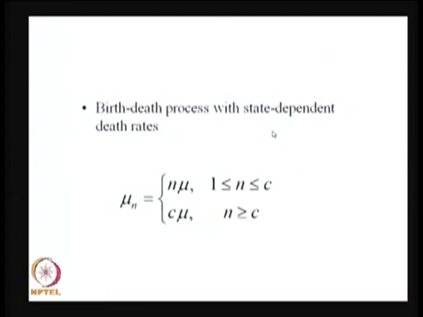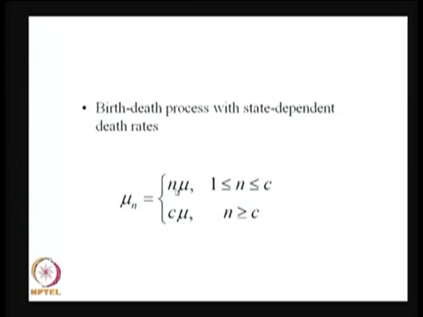The underlying stochastic process for the M/M/C/infinity model is a birth-death process. The birth rates are lambda, whereas the death rates depend on n. The mu n is a function of n, therefore it is called state dependent death rates. It need not be n times mu, it can be any function of n, and then we can use the word state dependent. Here it is a linear function.